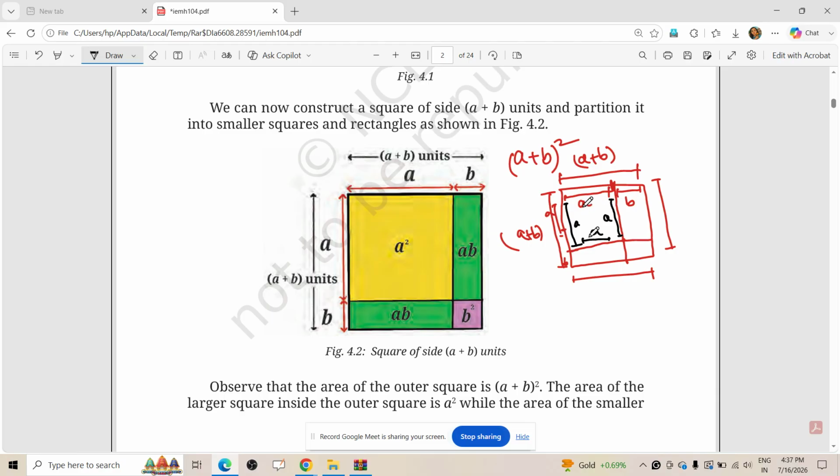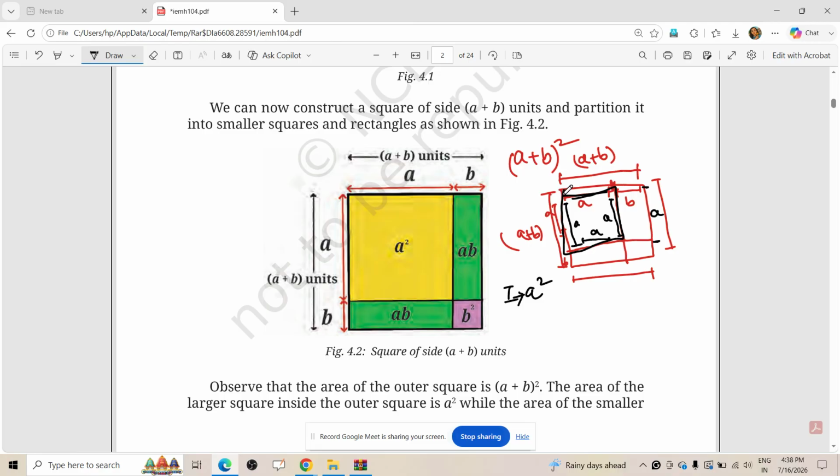So what will be the area of this square? The area of the first is a square. Here we have the breadth as b unit, and the length is up to this. What is the length here? Length is a unit, right? We have a square of a plus b unit and we break it into two parts.